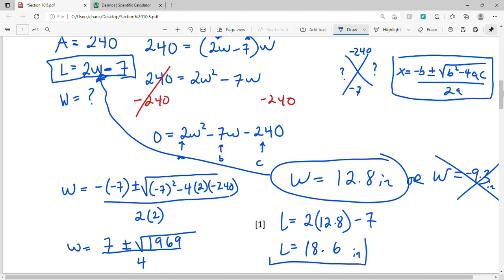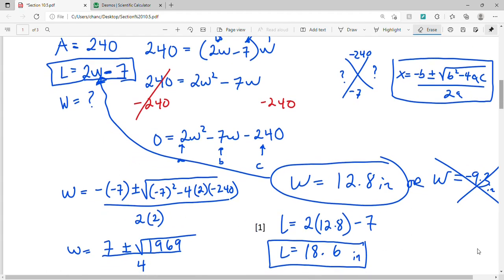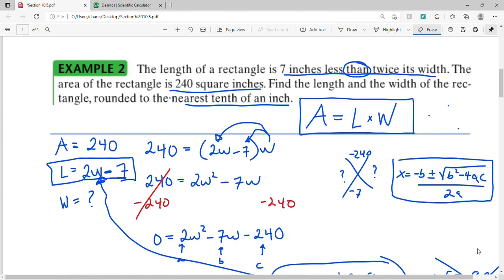We have the length and we have the width. Now to check our work, I need to multiply the length times the width. So we'll just do that quickly here. To check our work, we'll look at the area. The area is 240 square inches.